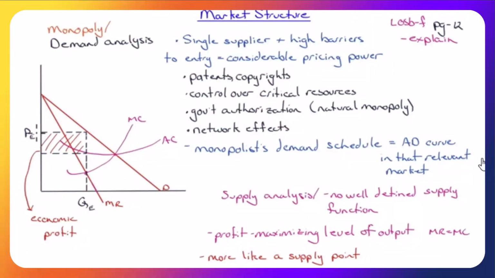Well, it turns out there's a relationship between marginal revenue, marginal cost, and the elasticity of demand. If we notice, marginal revenue here is positive, which means as we extend upwards to the demand curve, we'll be in the elastic region of the demand curve. So if we know something about elasticity, would that stand in for demand? And it turns out there is a relationship between marginal revenue and elasticity of demand, and it looks like this.